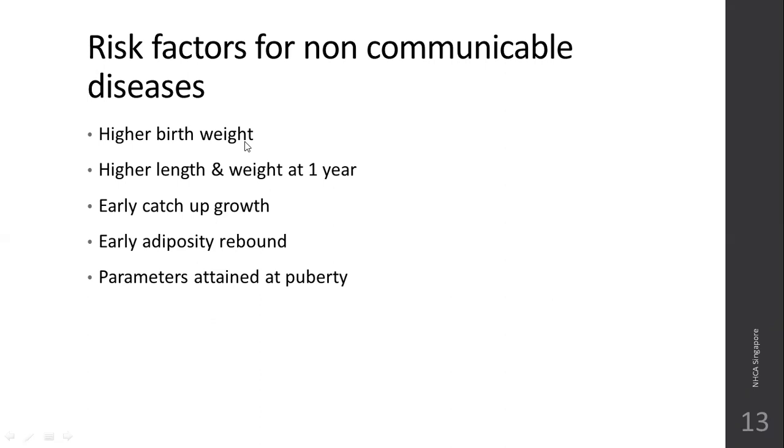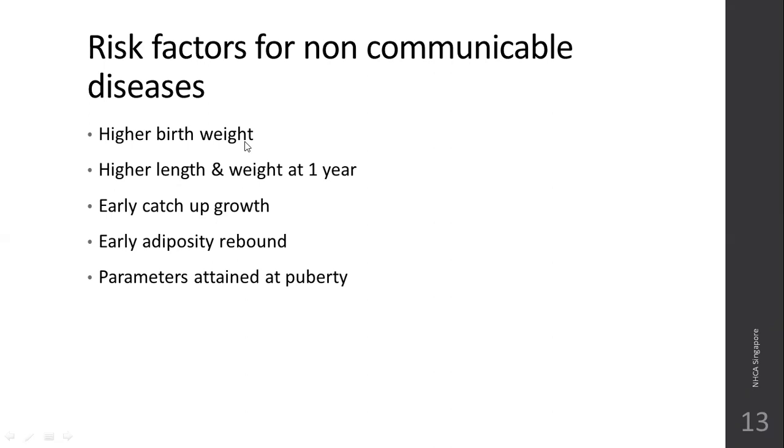Higher length and weight at first birthday. At the age of 1 year, if the child is overweight or obese, that could also lead to non-communicable diseases. Non-communicable diseases means lifestyle diseases when they become adults.